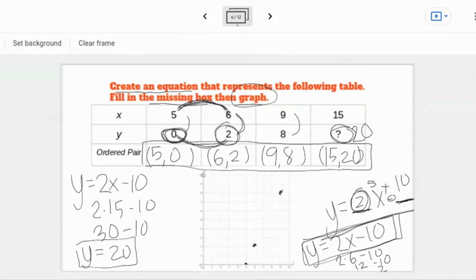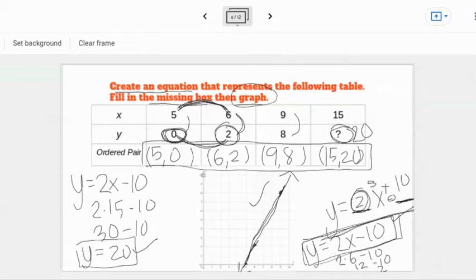Now, over 15, up 20, I'm not graphing that, because it goes clear off my graph. I just need 3 points to be able to create my line. I create my straight line and draw my arrows. And again, did it form a straight line? Yes, as straight as I can draw it. So again, I'm done. I got my equation, I filled in my missing number, and I've got a graph done.